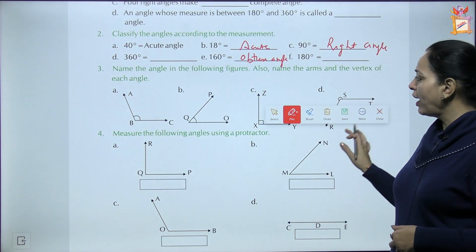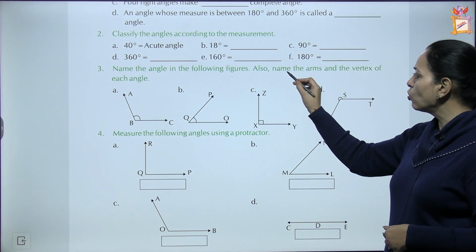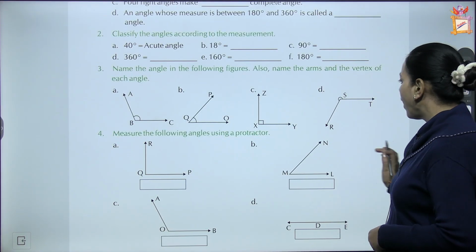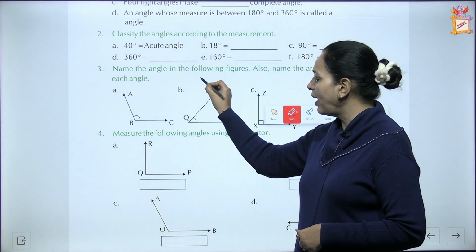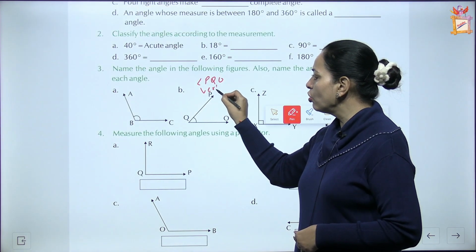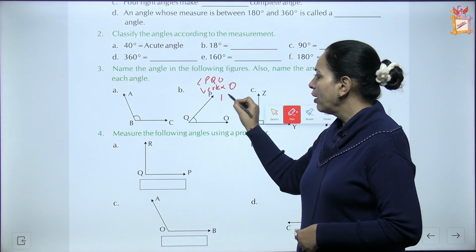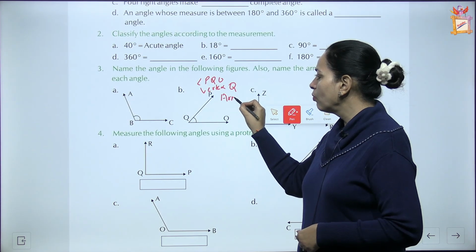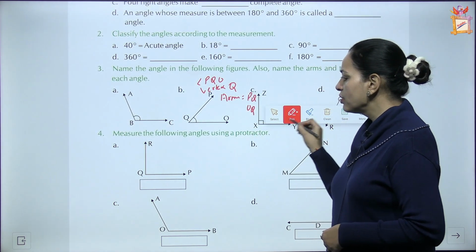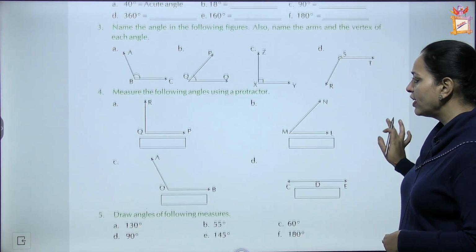The third, name the angle in the following figure. Also name the arms and the vertex of each angle. Like B part, what is the name of the angle? Angle PQO. Vertex is Q and the arms are PQ and OQ. Similarly, you can try the rest.